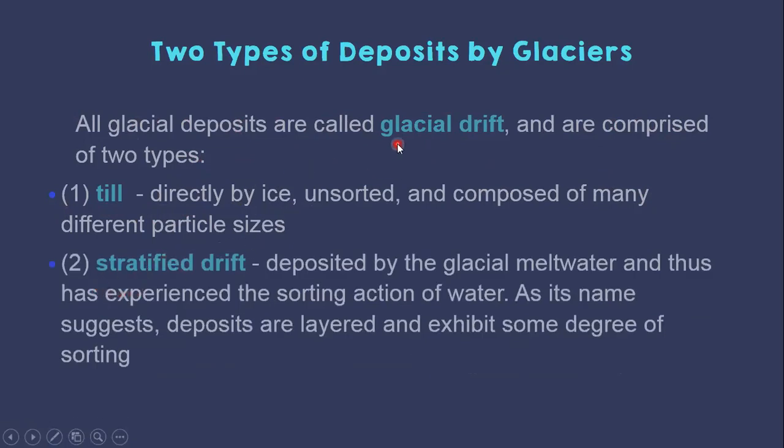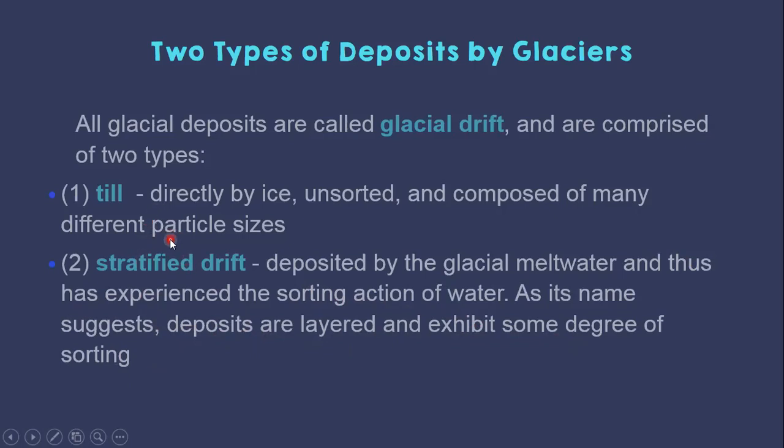Another type is stratified drift. Stratified drift is deposited by glacial meltwater and thus has experienced the sorting action of water. As its name suggests, deposits are layered and exhibit some degree of sorting. So it is already stratified.